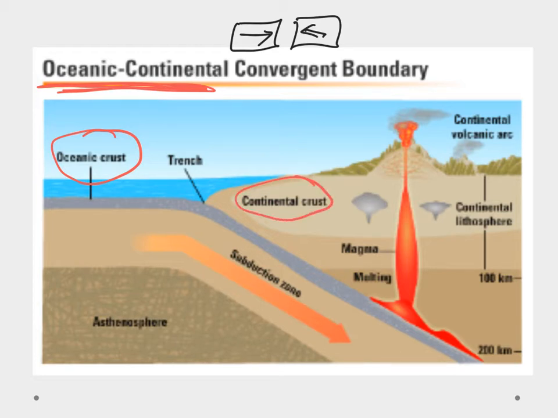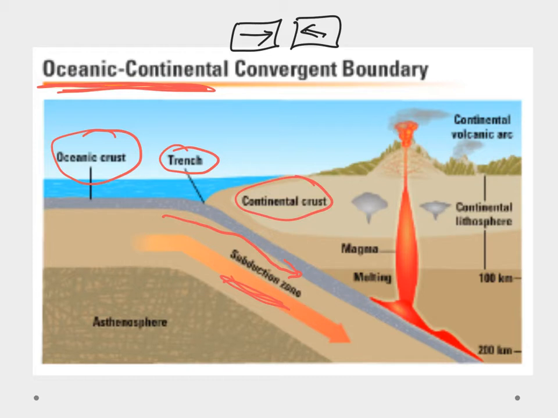The oceanic crust is going to be a little bit denser than the continental crust. Because of that, where these two collide, the oceanic crust is being forced under the continental crust, in an area we call a subduction zone. Where these crusts are being pushed under is where we see our oceanic trenches.